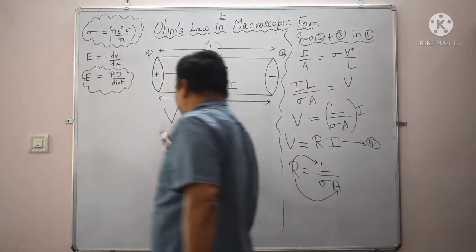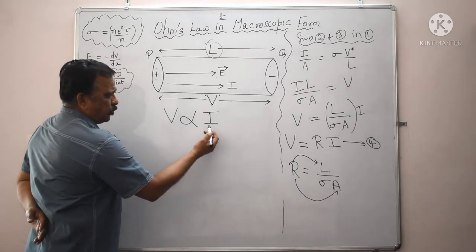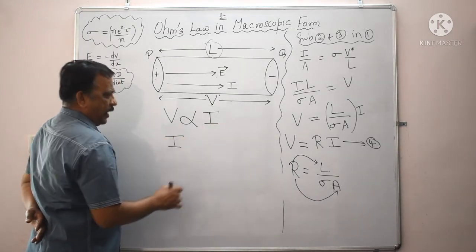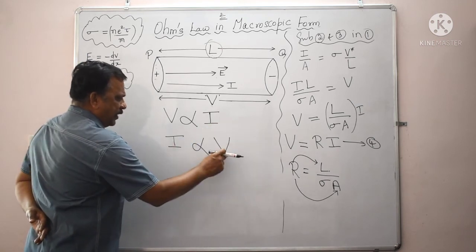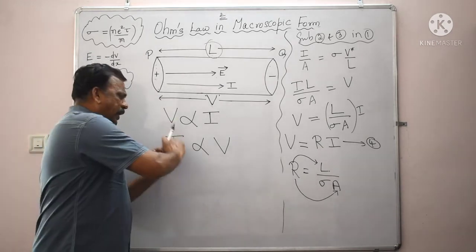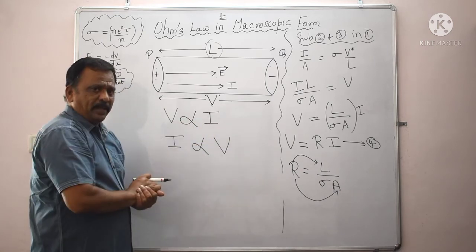So whenever I write an expression including a proportional sign, I have to write the dependent factor on the left hand side. That will be appropriate. So I is proportional to V, because only when V changes, I will change. Only when V is there, I will exist. So I depends upon V. Now in what way is I dependent on V?